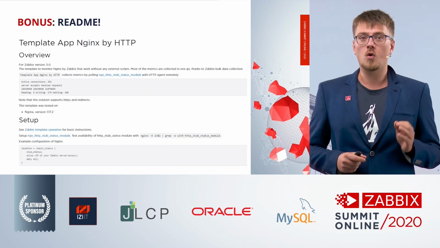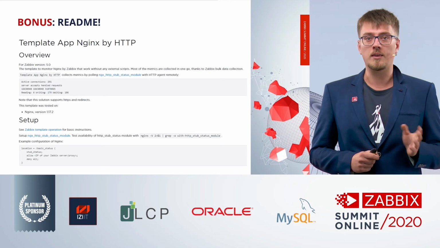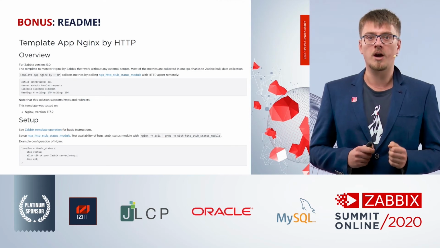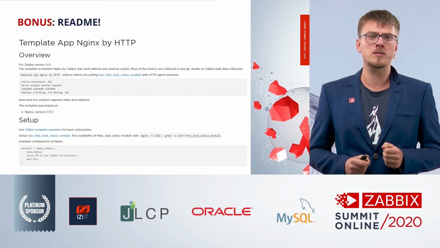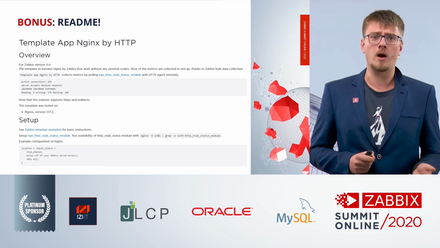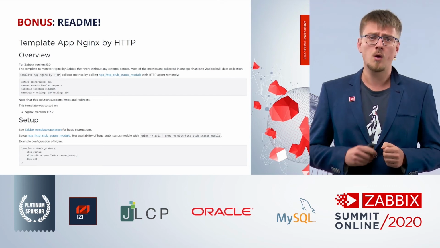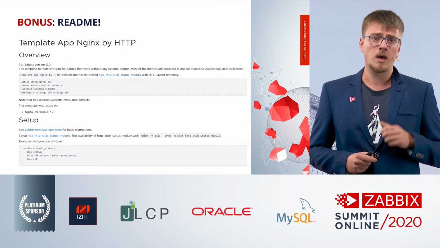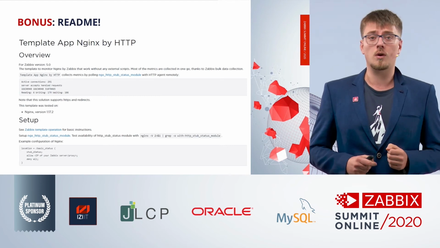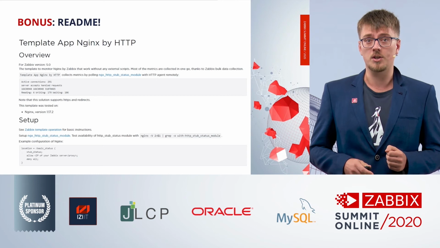And bonus, all of the integrations that are official come with a large README where you can find all the information about the integration, starting from how the data is collected, what kind of metrics are used, how to set it up.